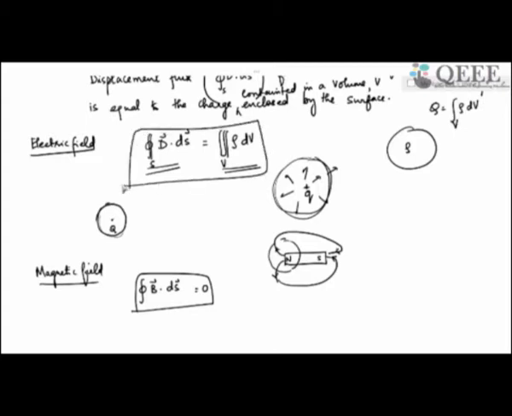Don't confuse this with Gauss divergence theorem, which was connecting the volume integral of divergence of a vector and the surface integral of the vector.